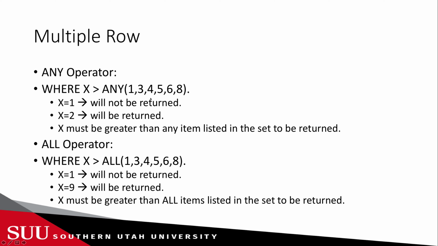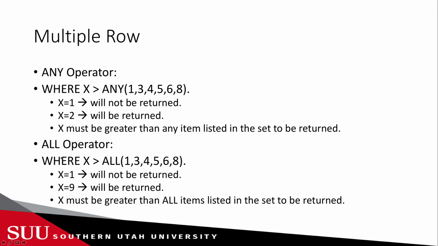If the condition applies to even a single one of them, I return it. 2 is larger than 1, so it will be returned. If x is 7, it's larger than 1, 3, 4, 5, and 6, but I only have to be larger than one element to make the condition true. So the basic idea of the ANY operator is that if the condition applies to even a single element in the list, it will be returned.